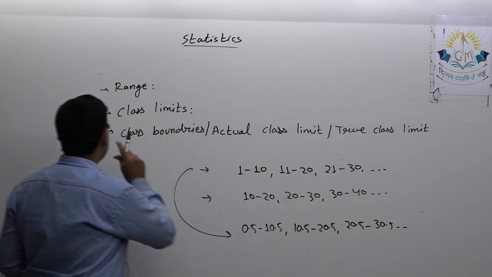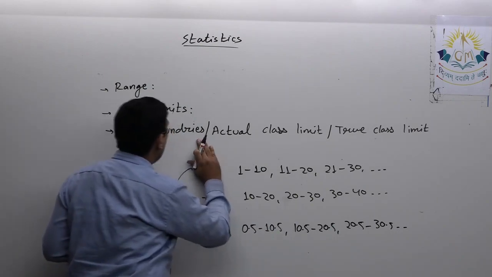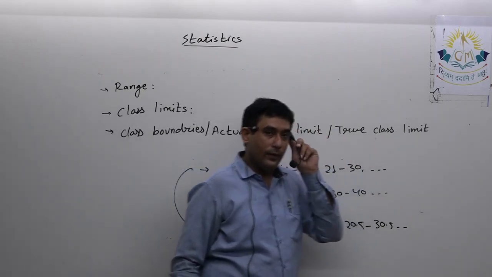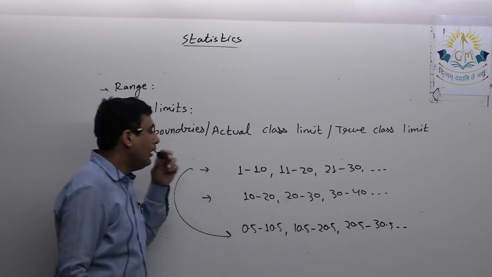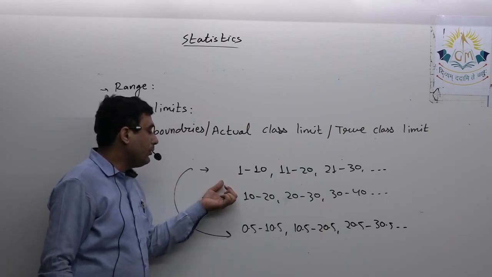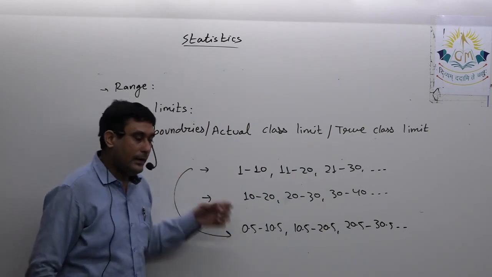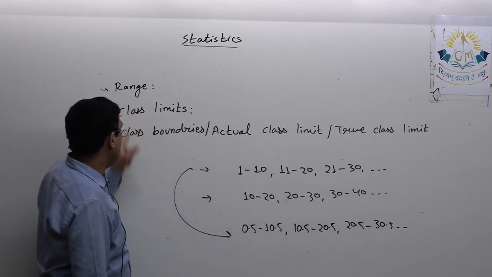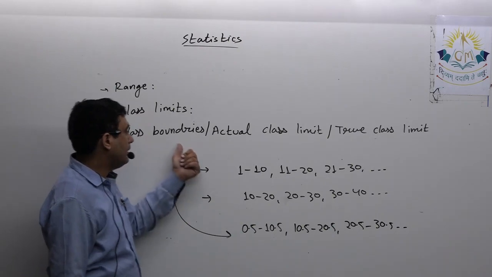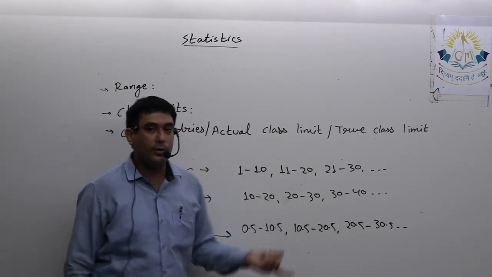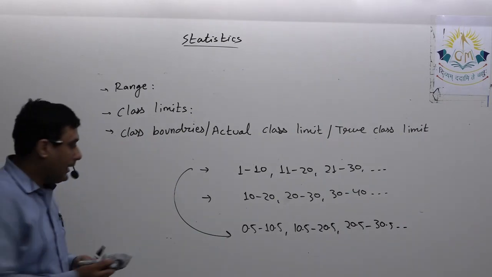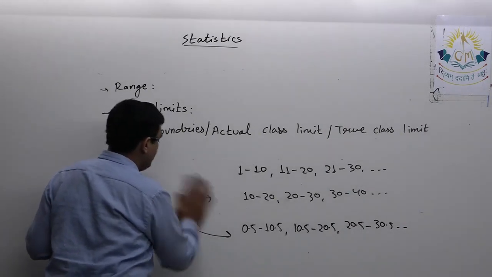In short, whenever you are asked to find class boundaries or actual class limits or true class limits of any class, you have to convert the inclusive form into the exclusive form. And if it is in exclusive form, then there is no difference between these two. Whatever are the class limits are the class boundaries or actual or true class limits. Okay, now next is class size.